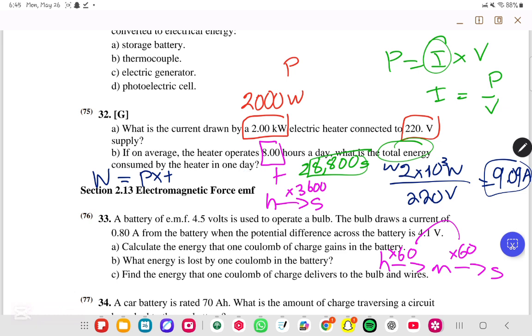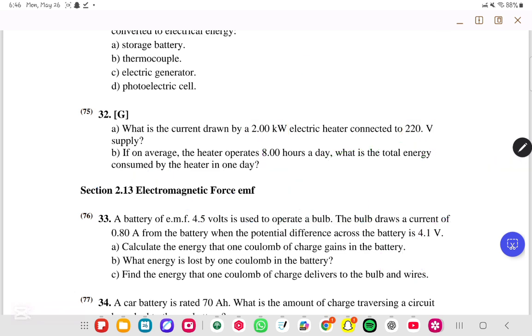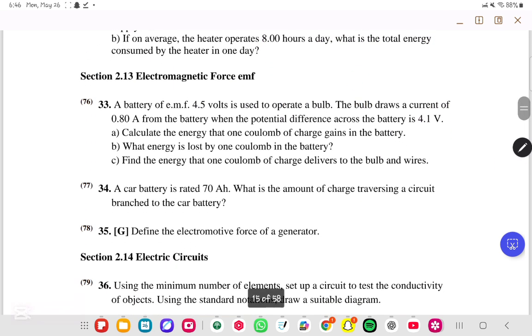My mistake. So the power, which is 2000 watts, multiplied by the time in seconds, which is 28,800 seconds. In significant figures, it's going to be 5.76 times 10 to the power of 7. So that is it for question number 32 from section 2.12.